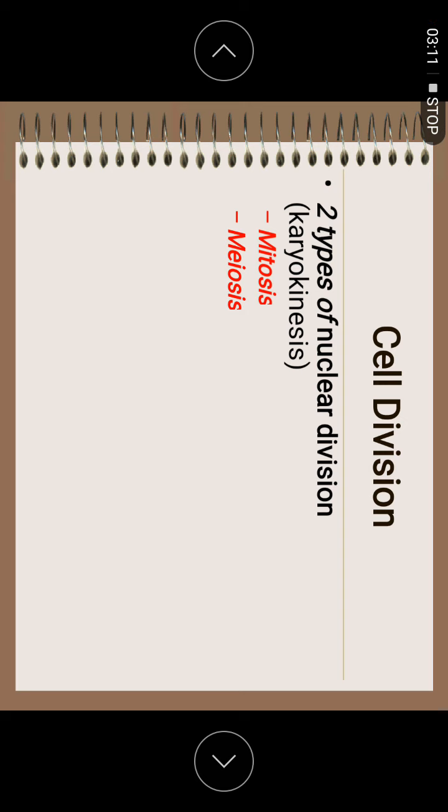If you have read up, only one type of cell will undergo meiosis, which is our gamete cell, or the gonad cells, the reproductive cells. Mitosis is for all the cells except the gametes, that means the autosomes, the nucleus of the normal cell. Normal cell means all the cells except the gametes, and meiosis is only for gametes.